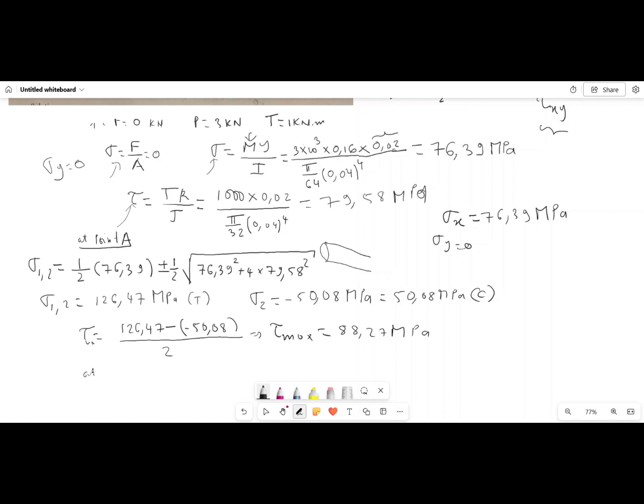Now, at point B, this is what's happening. The stress that A is experiencing, B will also experience, but in the opposite direction. So what does that mean? It means the direct stress at point B will be negative.